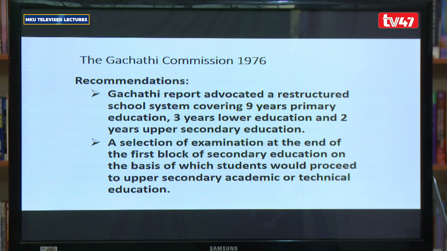Then the Gachathi Commission in 1976 gave the following recommendations. It advocated for a restructured school system covering 9 years primary education, 3 years lower secondary education, and 2 years upper secondary education. A selection examination at the end of the first block of secondary education, on the basis of which students would proceed to upper secondary academic and technical education.